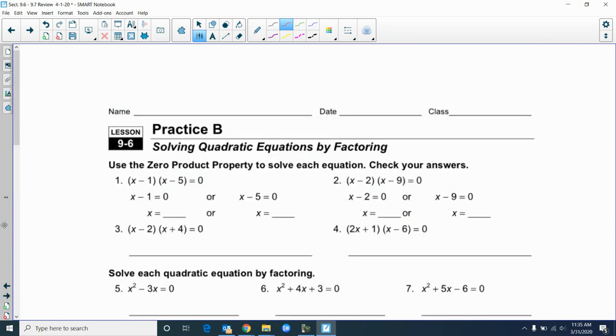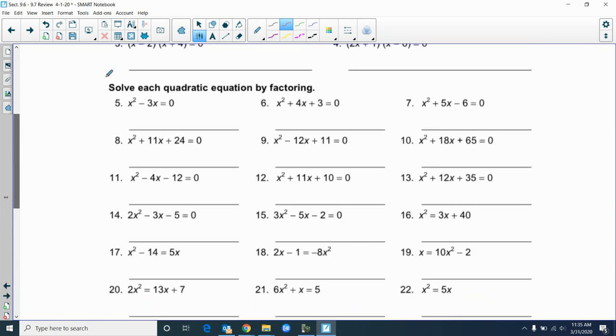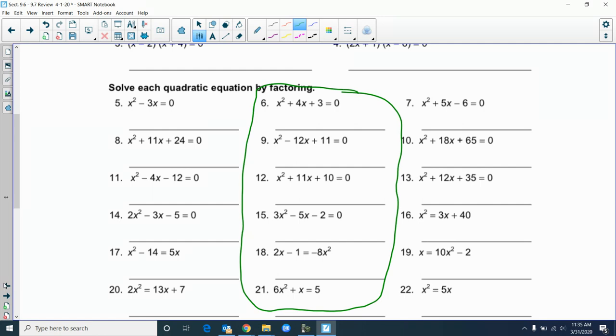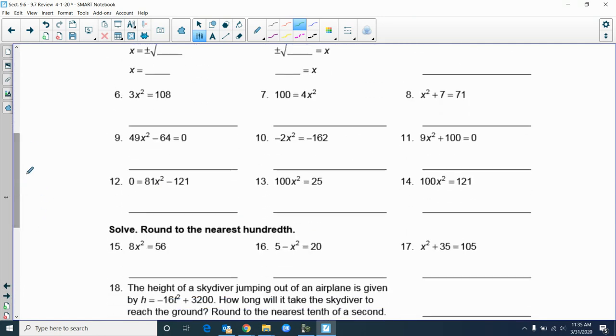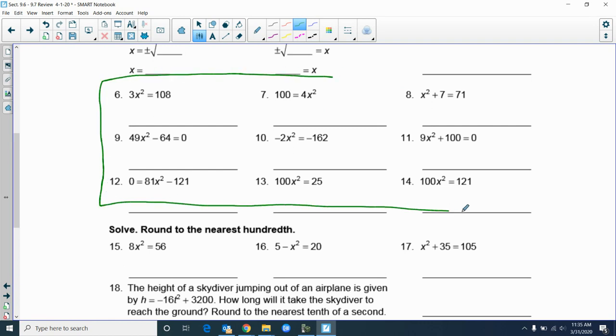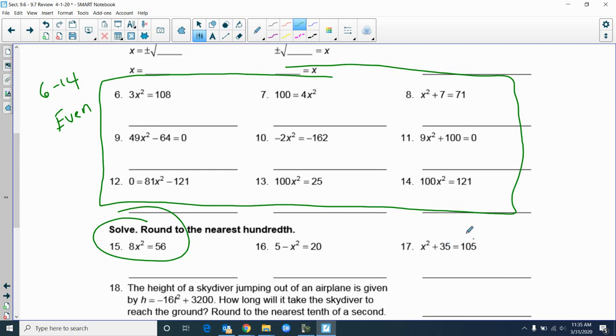Really, you are just doing on 9.6, the middle column, and on 9.7, 6 through 14, even, and then 15 and 17. Now it says round to the nearest hundredth. It means you're going to get a decimal for an answer.